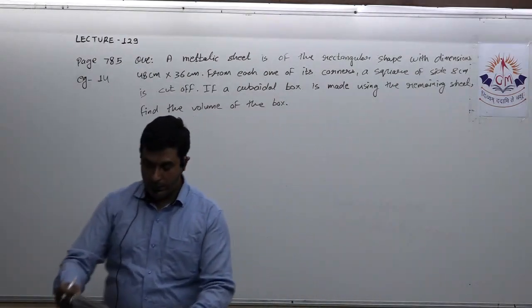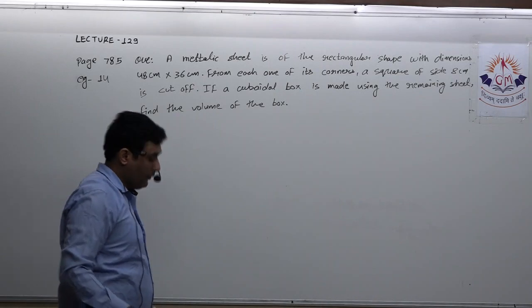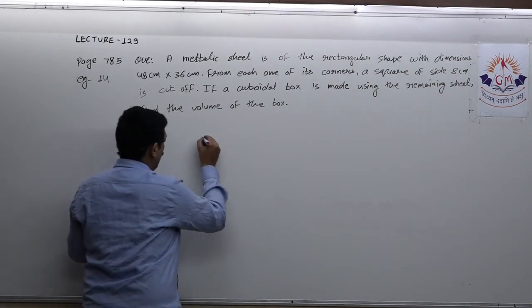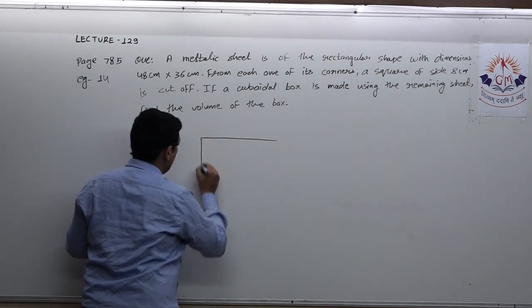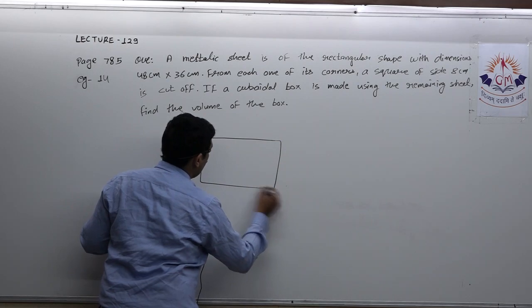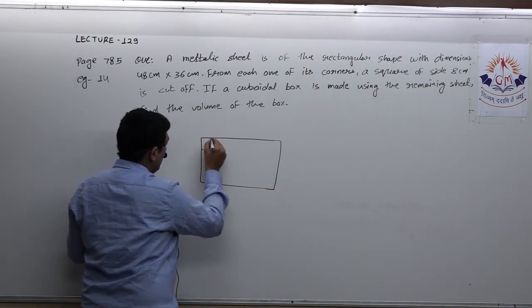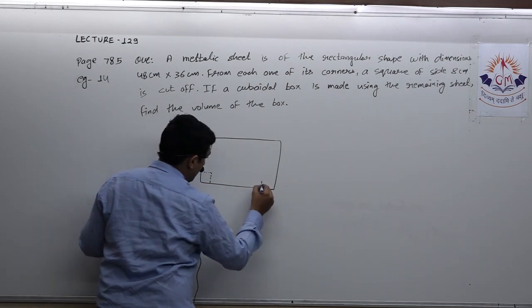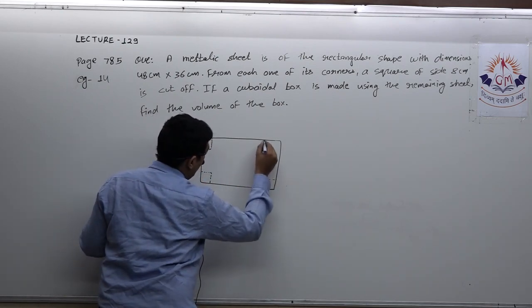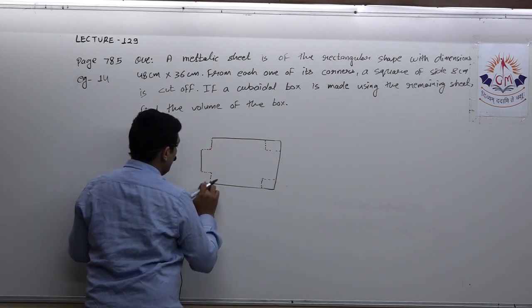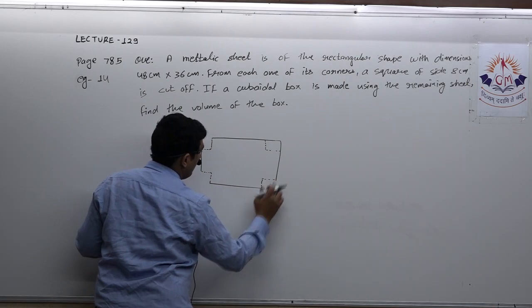So there is a rectangular sheet. From each of its corner, a small square has been cut off. Suppose this is the rectangular sheet. From this sheet, a small square, not box, has been cut out from each corner.